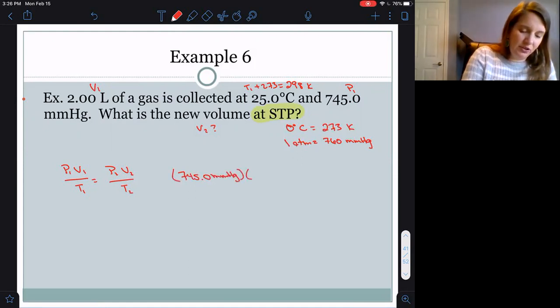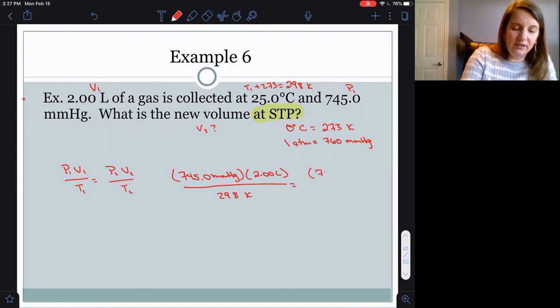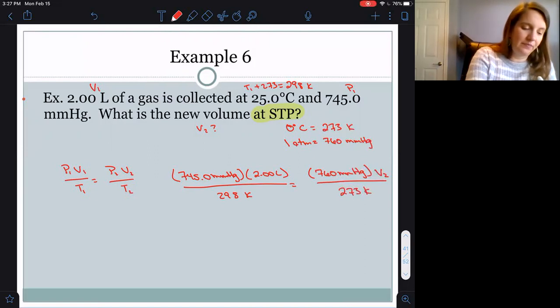My V1 is 2.0 liters. And my T1 is 298 Kelvin. My P2 is 760 mmHg. I'm solving for my V2, and my T2 is 273 Kelvin.